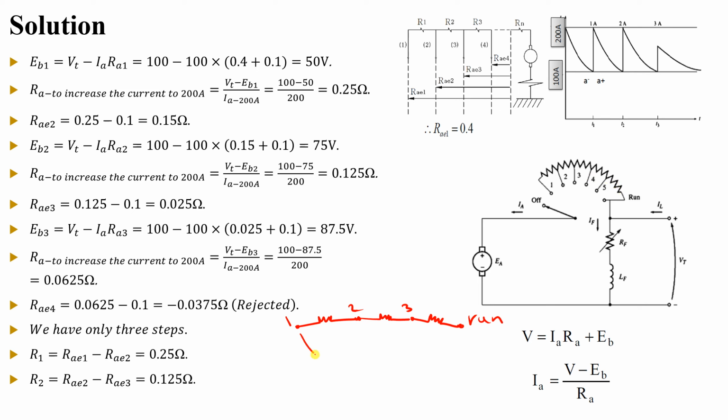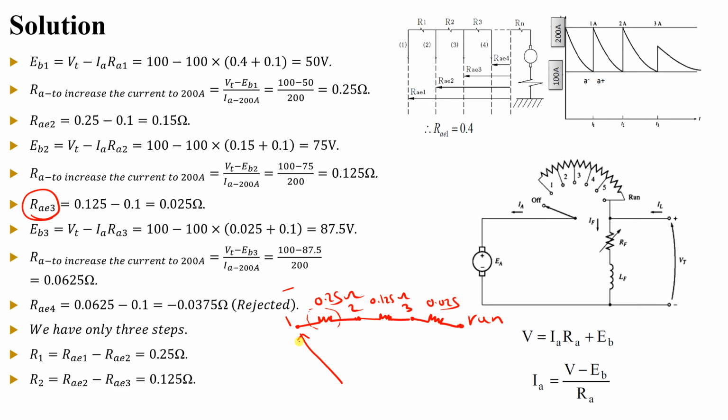This is our starting. R1, the first resistance, will be 0.25. The second resistance will be 0.125 ohms. And the last one, RE3, is 0.025.